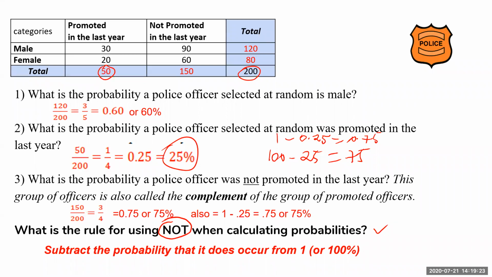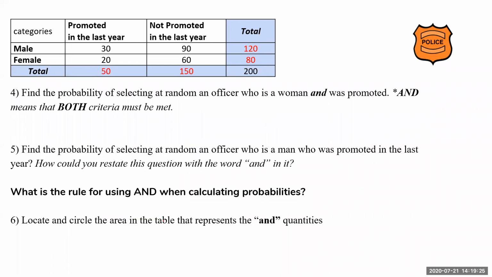Let's go. Now, we want to look at how to use and. Find the probability of selecting at random an officer who is a woman and was promoted. And was promoted. That means what? Both criteria must be met.